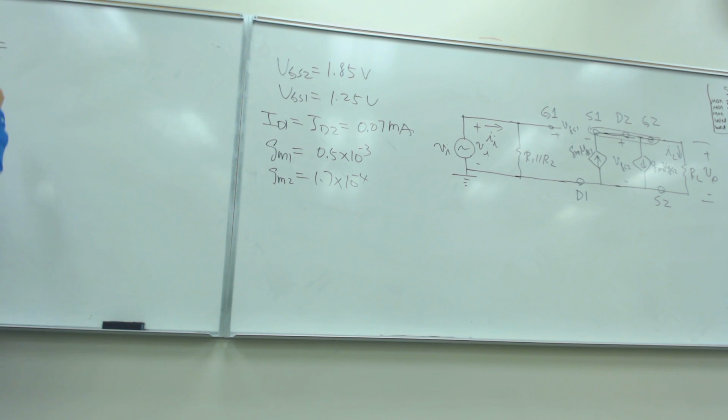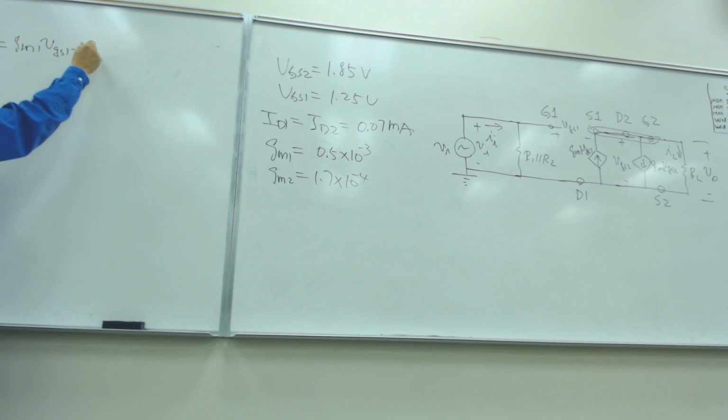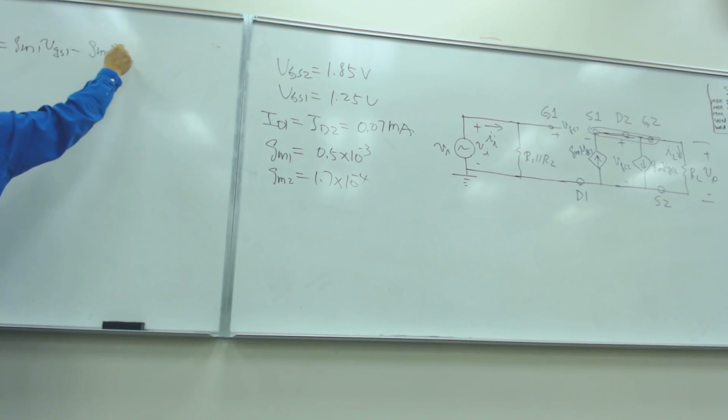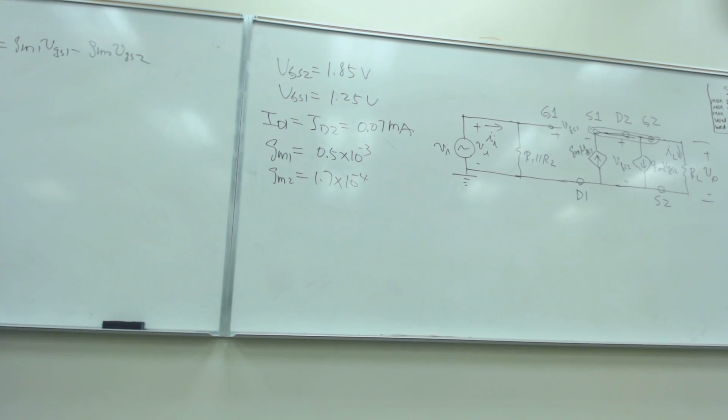GM1 VGS1 minus GM2 VGS2. Right? That's Io. So Vo is equal to Io times RL, right? Or actually this Vo is equal to VGS2.